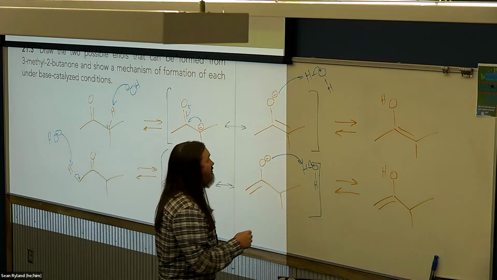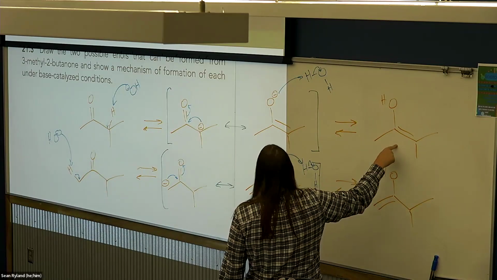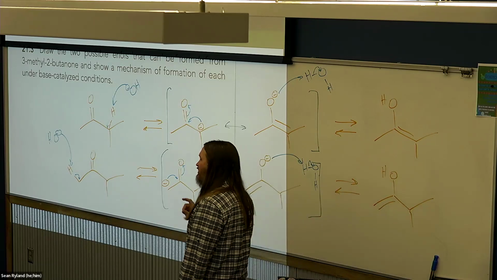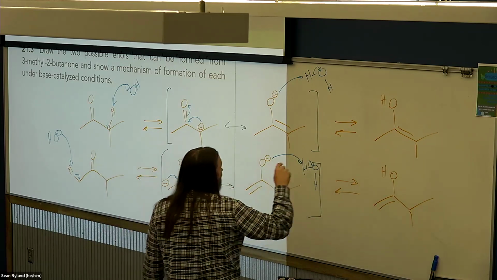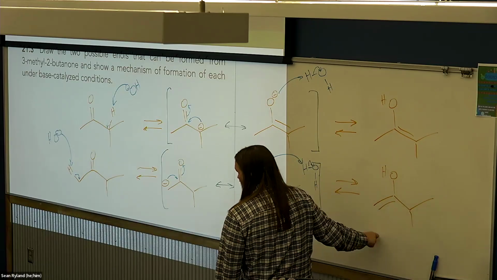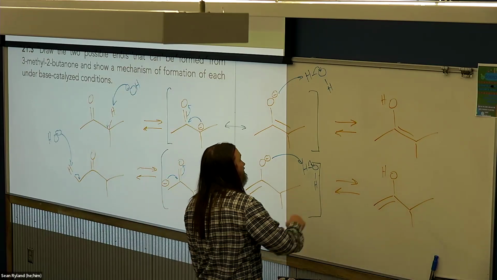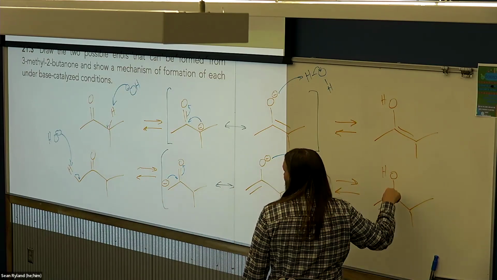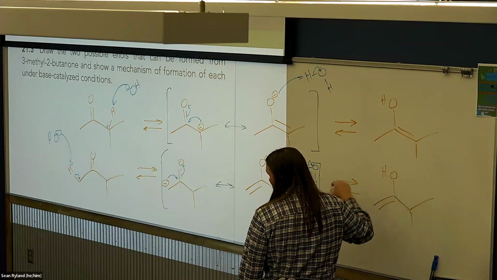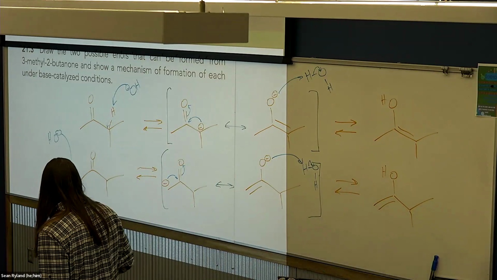And the reason that we go back to that is because the reason that the Zaitsev product, the more substituted alkene, is preferentially formed is because more substituted alkenes are more stable than the less substituted alkenes. So we're going to have some measurable amount of both of these, but we're going to have mostly the more substituted enol.